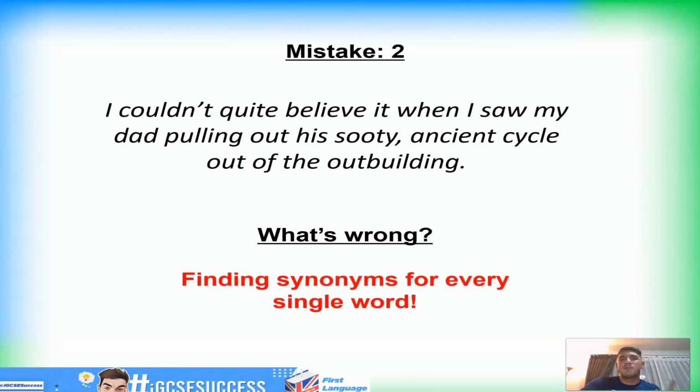Finding synonyms for every single word. Now question 3, it really is not about highlighting a bunch of evidence and finding synonyms for every single adjective, every single verb that's used. Technically, it's not wrong because you're not lifting from the text, but you're not going to get the question finished in time. You need to think about what the main idea is.